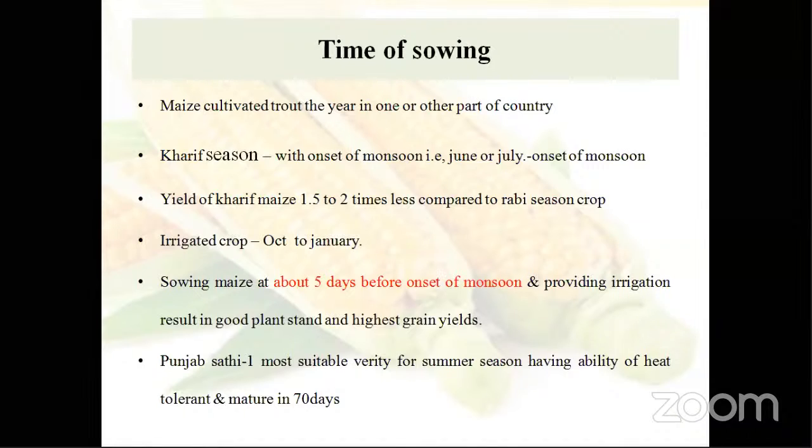Then, Punjab Sathi 1 is the most suitable variety for summer season, with heat tolerance, and it matures in only 70 days.